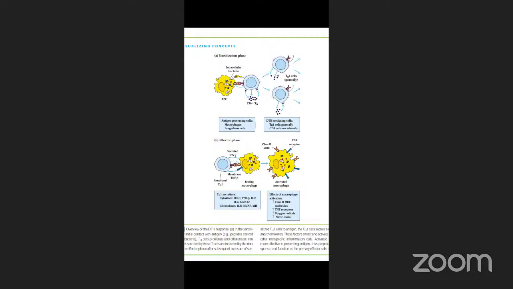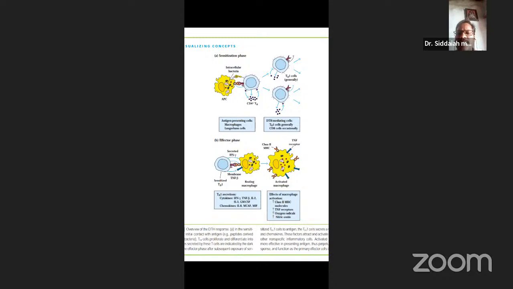It leads to maturation, and this maturation leads to activation of the TH cell. The activated TH cell produces a number of generations through mitotic divisions, producing many TH cells.